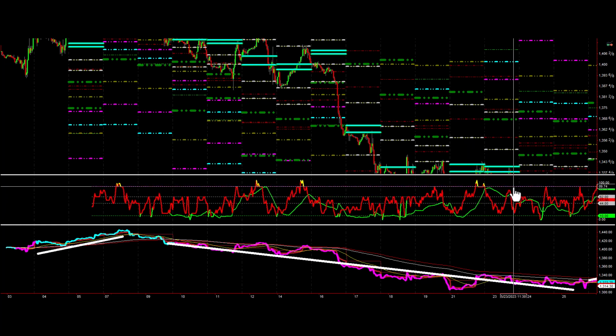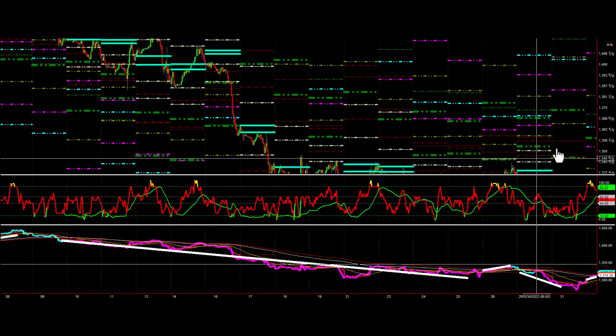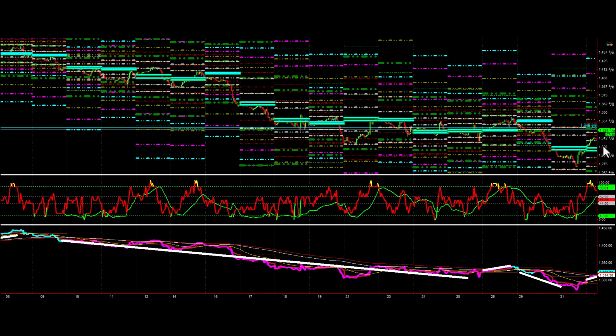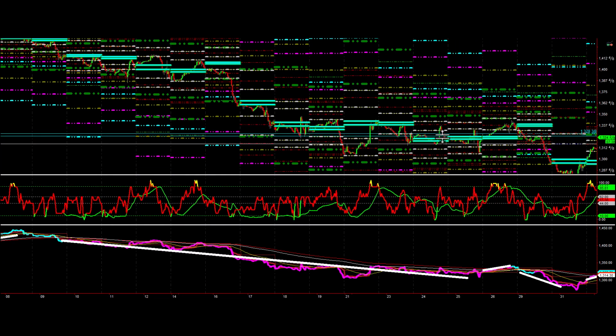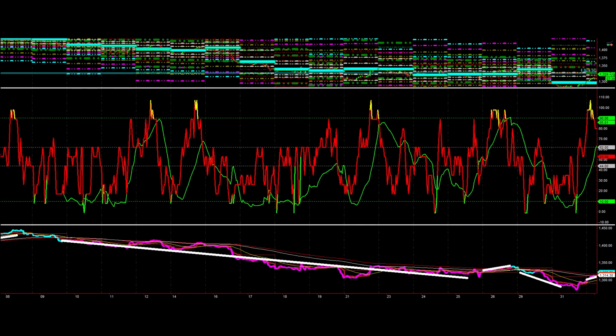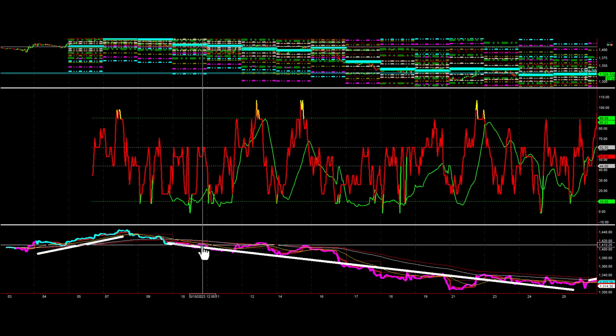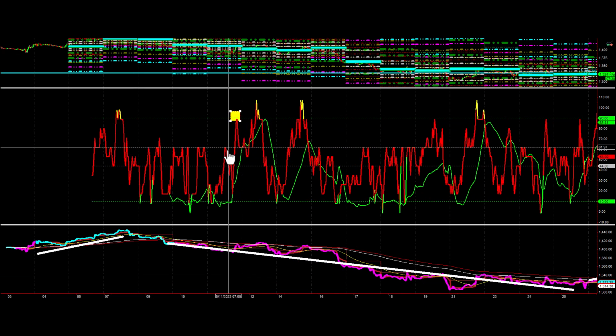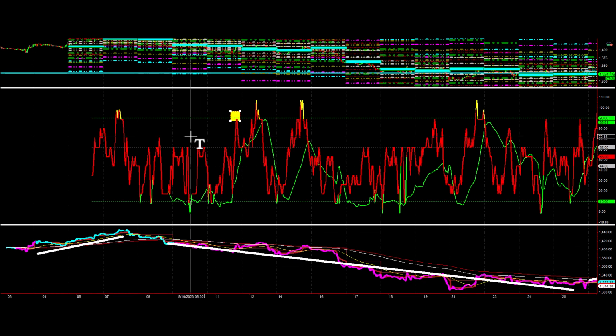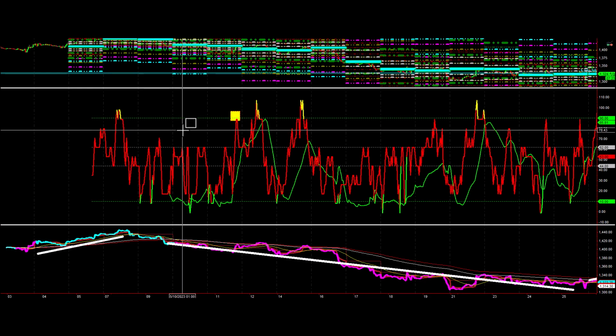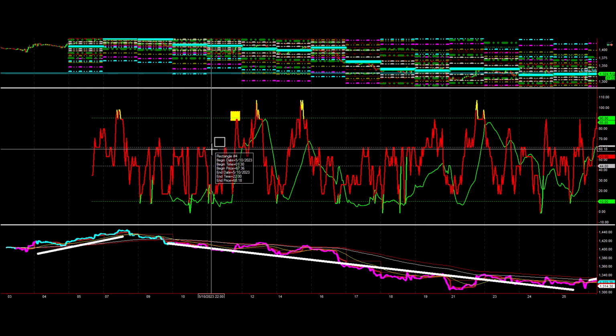Short here, all the overboughts are going to be shorted. We don't even have to look at the price. We can just look at the oscillator first. So looking at this trend, let me just mark where the potential shorts are. These are also shorts based on the oscillator rule.